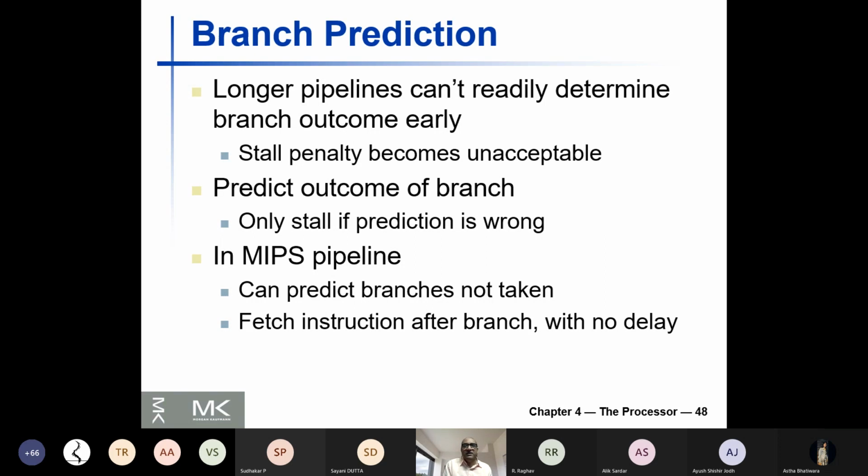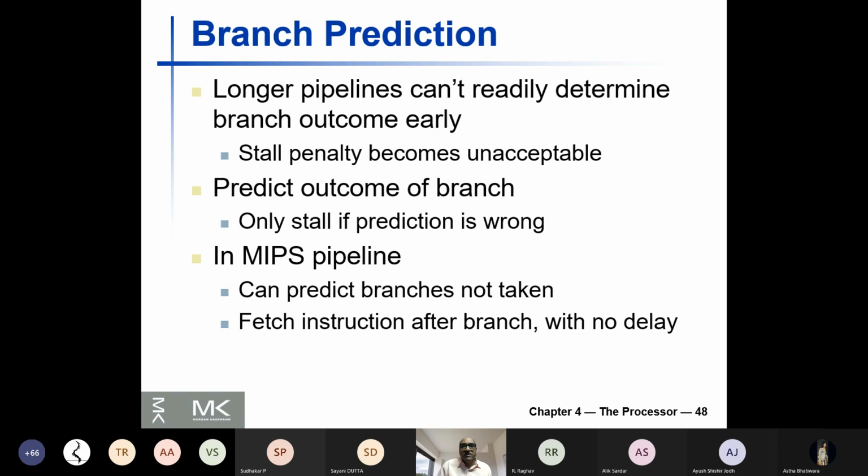If you predict that it will take the branch, then the branch target address should be available in the instruction fetch stage itself, and you provide that target address in place of PC plus 4 in the following stage, so that you can avoid the stalls. For this, the prediction should be more accurate. If the prediction is accurate, you can put some additional hardware for prediction at the first stage itself and avoid the stalls.